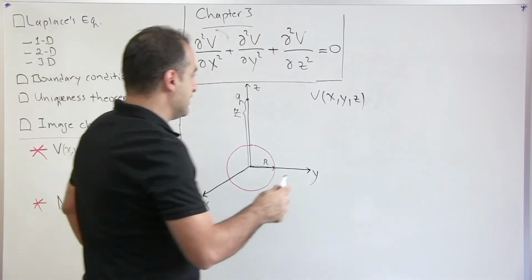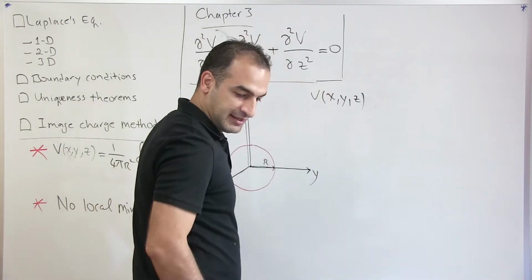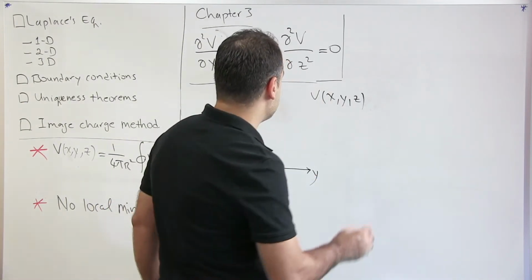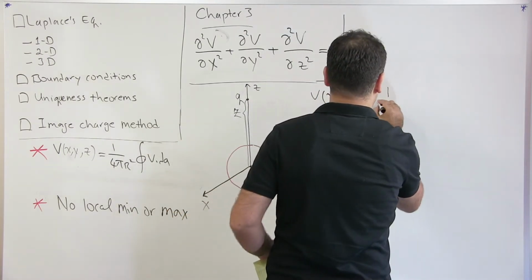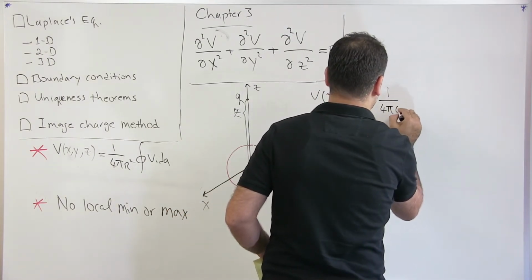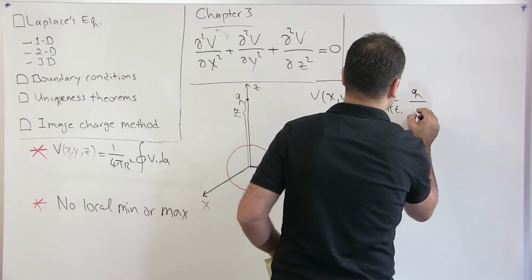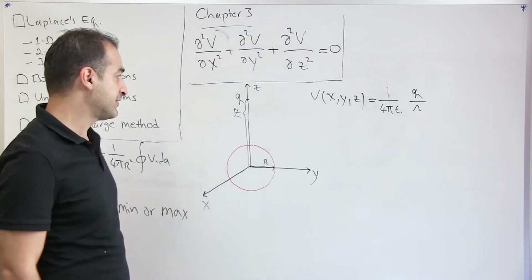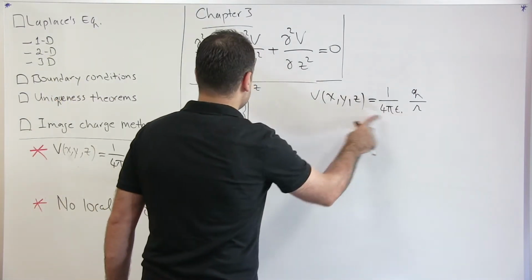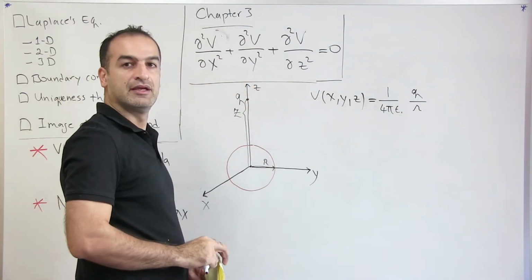This electric potential for a point charge, we can write it as 1 over 4 pi epsilon 0 times q divided by r, where r is the separation vector from any point in space to the point charge.